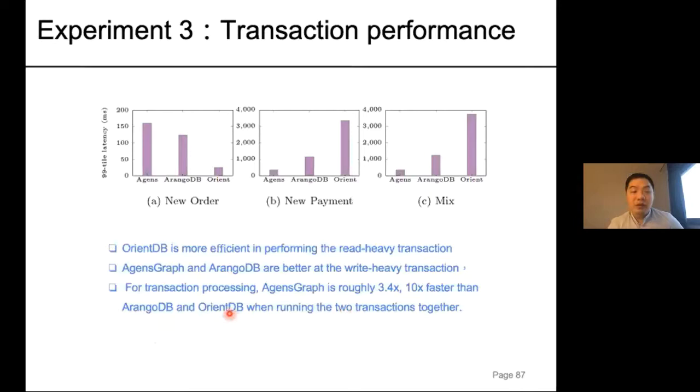And overall, the AgensGraph is roughly 3.4 times and 10 times faster than ArangoDB and OrientDB. This is mainly because of the relational engine, which has advanced and mature concurrency control in AgensGraph.